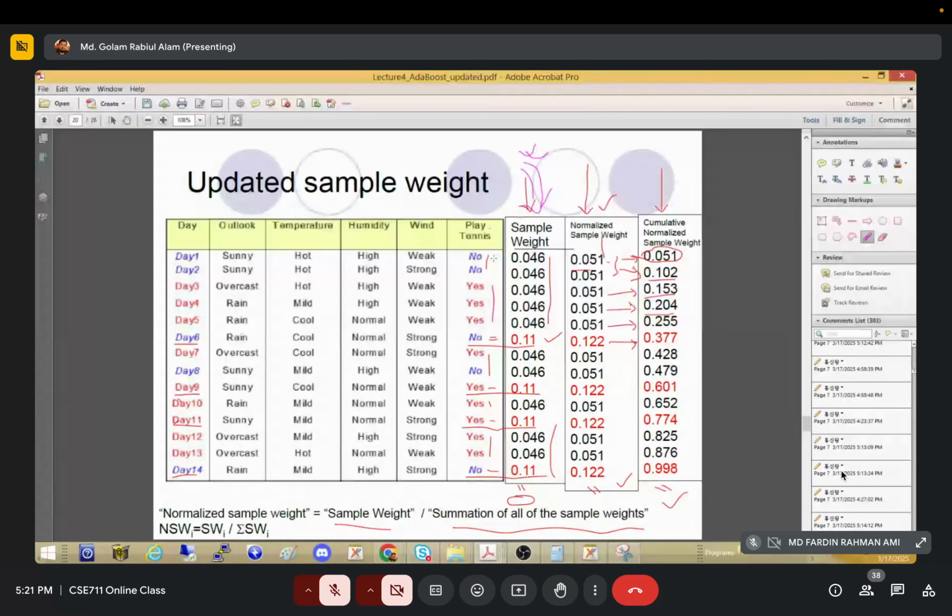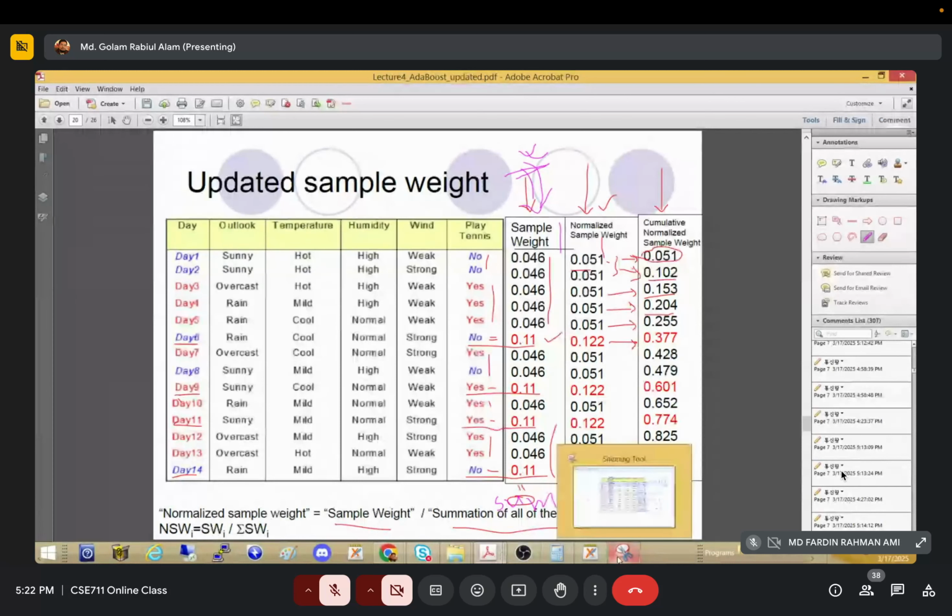To form the new data set, at first we have to normalize the sample weights. These are the sample weights, and we have to normalize them. You can apply any normalization approach, but here the approach given is to sum up all these sample weights.